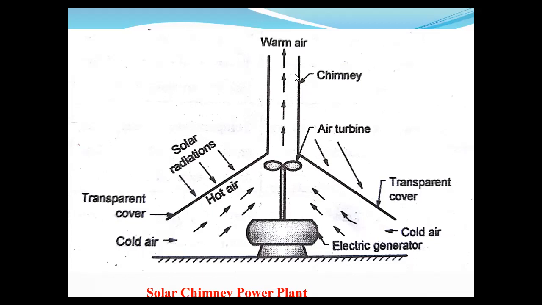This is a high chimney, so the pressure exerted by this hot air column is low compared to the outside air. So the air flows with reasonable velocity through the chimney, because the air is warm, and that flowing air rotates this air turbine, to which the generator is coupled, and the generator generates electricity. So this is the solar chimney power plant.